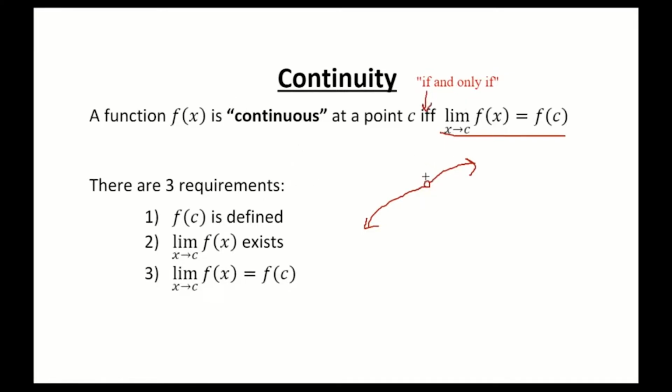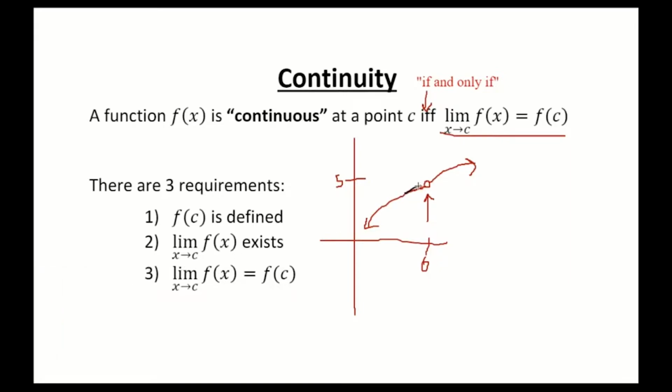So anyway, the point here is that in order to have continuity at a specific point, the reason why the function is not continuous here is because the limit does not equal the value of the function. Let's say that here are my x and y axes, and the y value here was 5, and we'll say the x value was 6 or something like that. I'm just making these numbers up. We would say that the limit as x approaches 6 is 5, right?